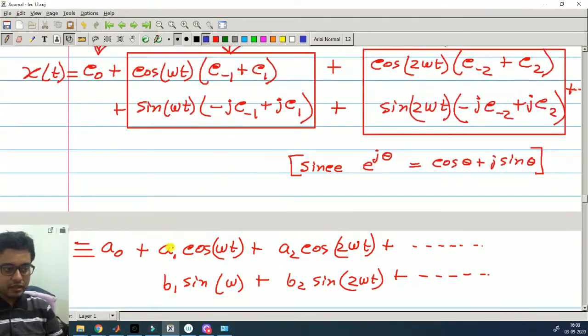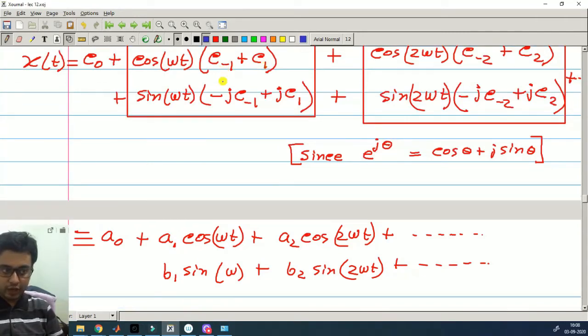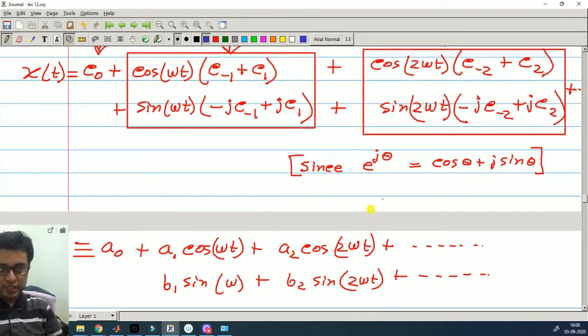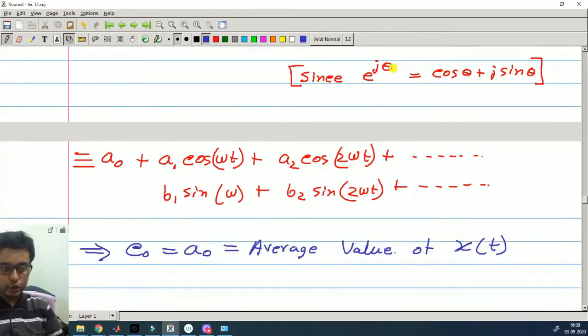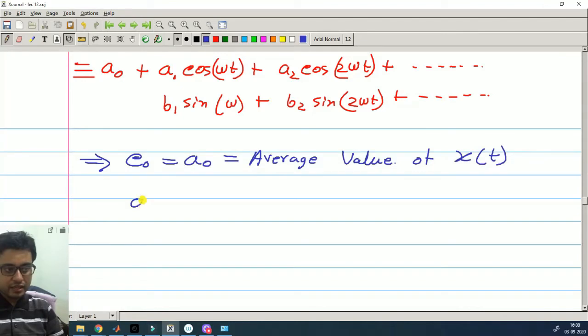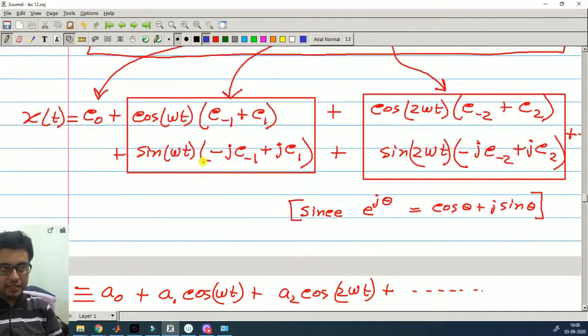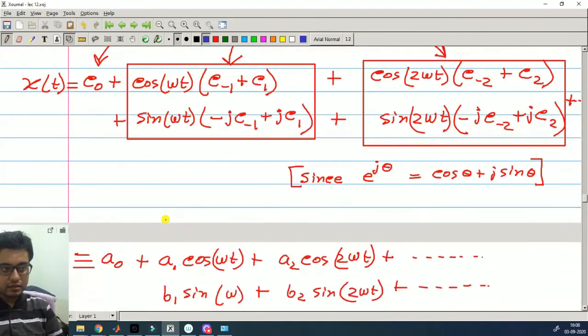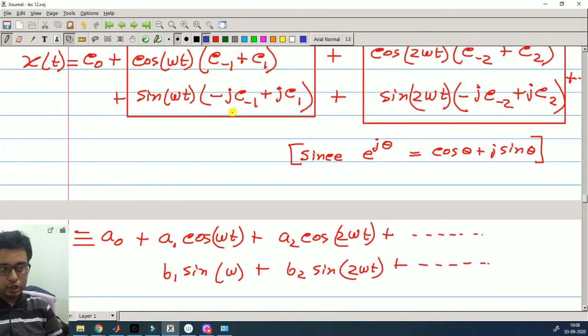Then a1 is c1 plus c minus 1, a2 is c2 plus c minus 2. So in general, an will be cn plus c minus n, and b1 should be this, b2 should be this.